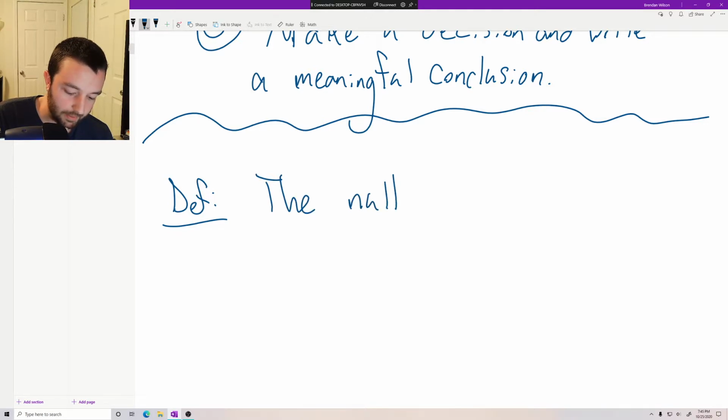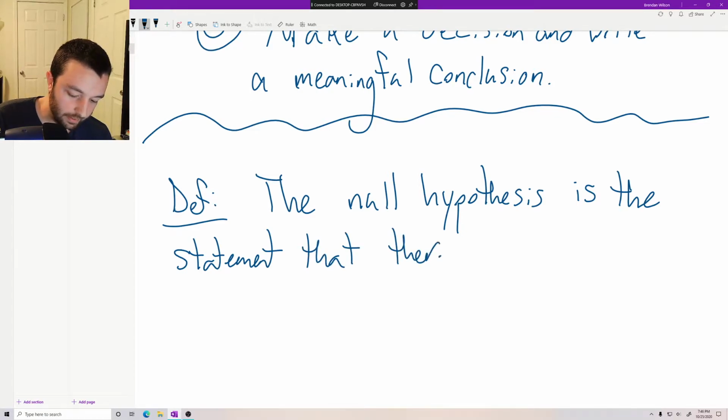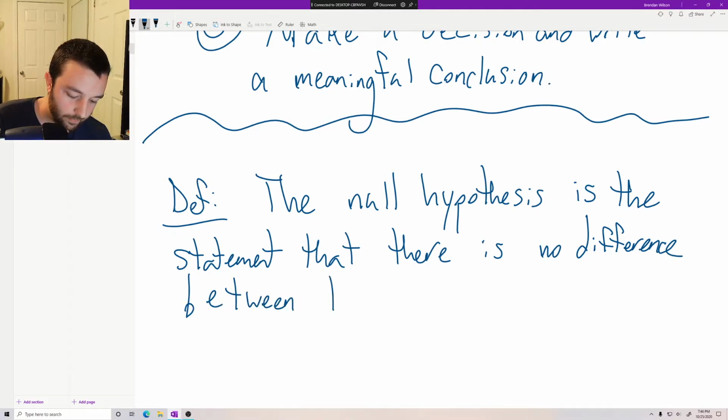The null hypothesis is the statement that there is no difference between the variables.